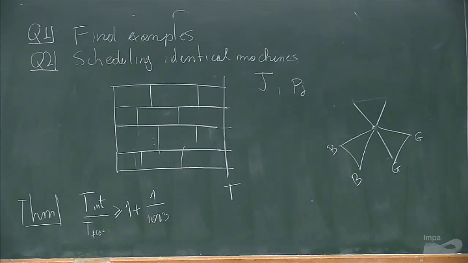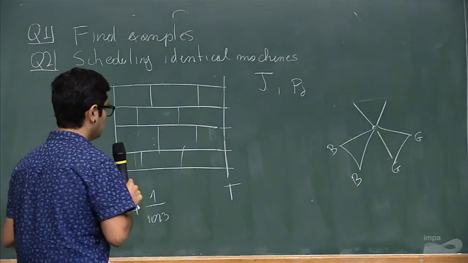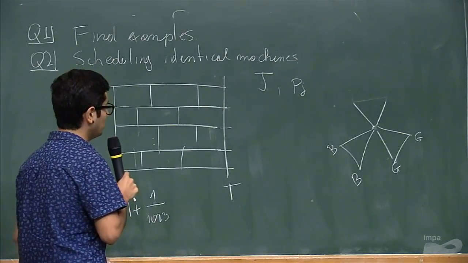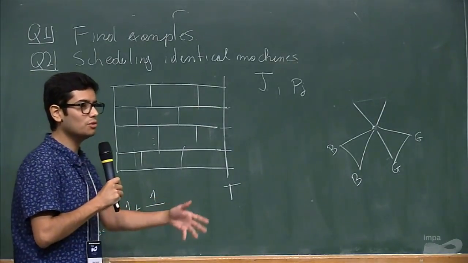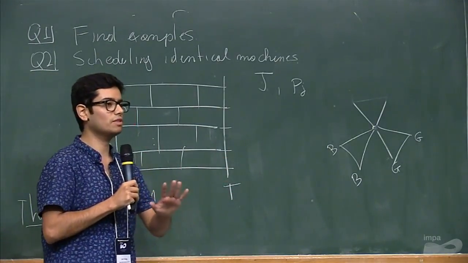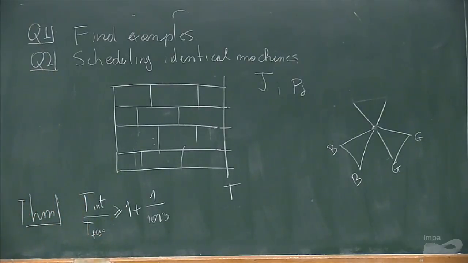So 2 is an upper bound. It basically comes from the fact that if you have T fractional, you multiply it by 2 and you can prove that you can pack everything.